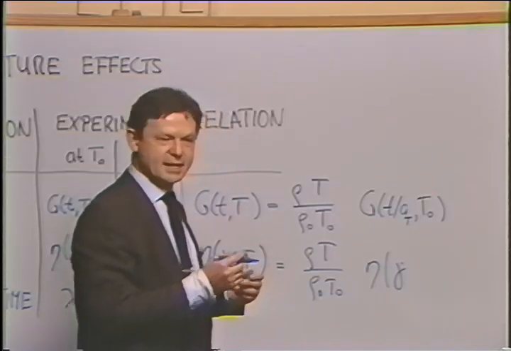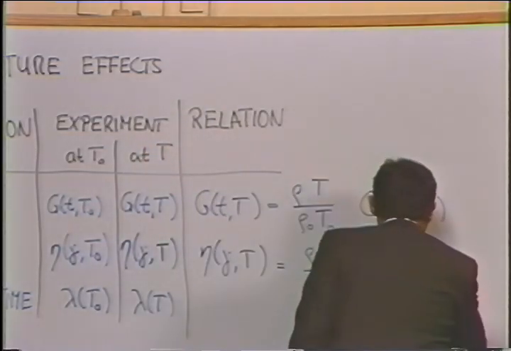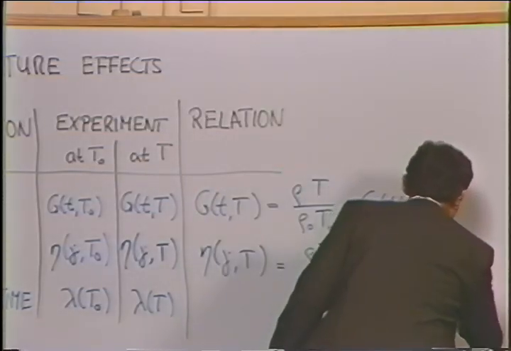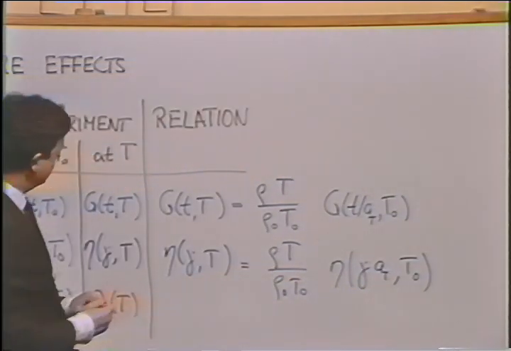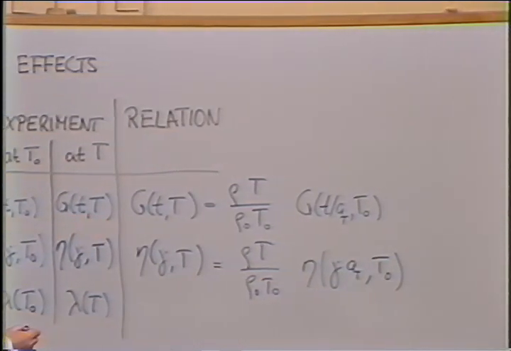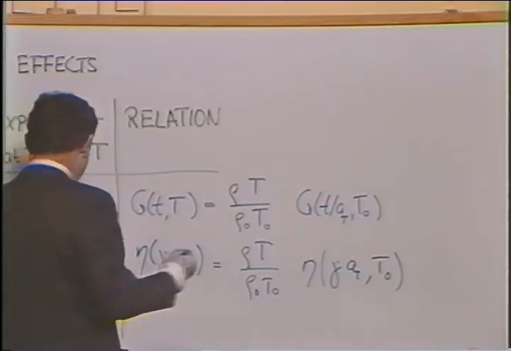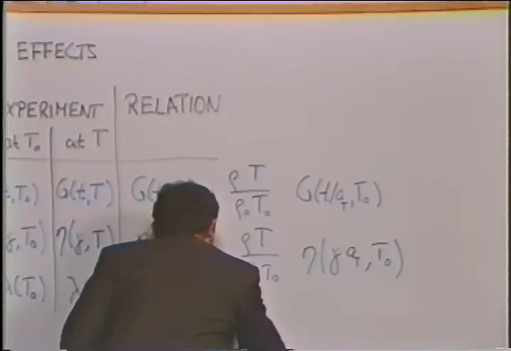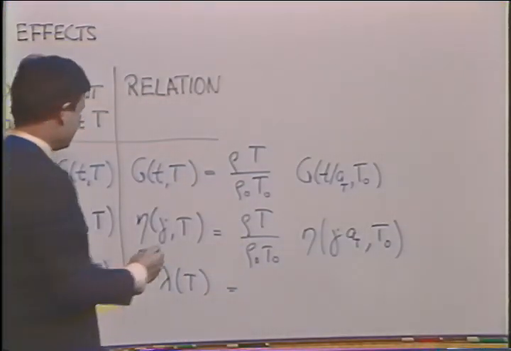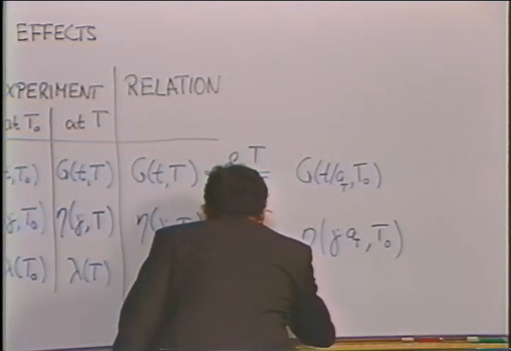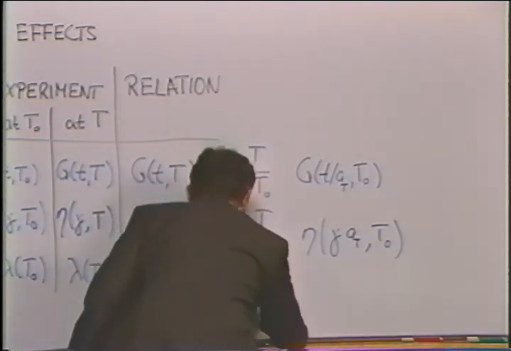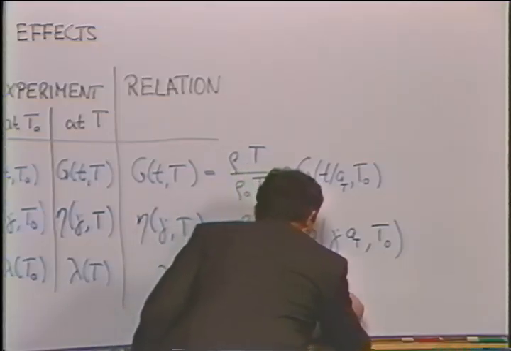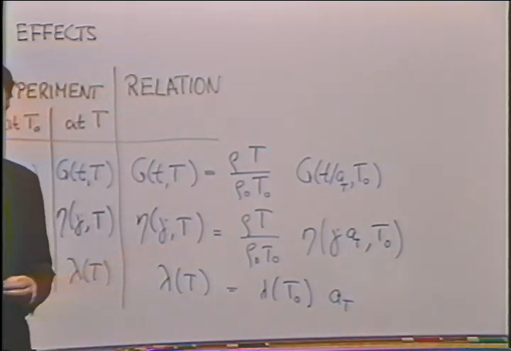They are increased at higher temperatures, so we have to account for that by multiplying the shear rate with aT, and this would be then the viscosity function measured at the reference temperature level T0. And for the relaxation time, we have a simpler relation. The relaxation time at temperature T is equal to the relaxation time at the reference temperature T0 multiplied with the shift factor aT.